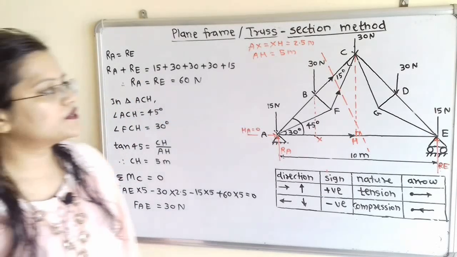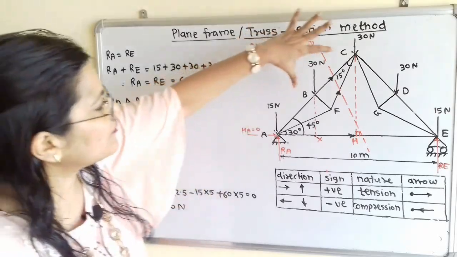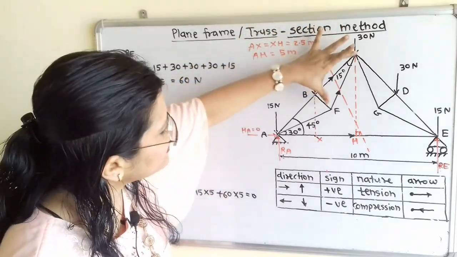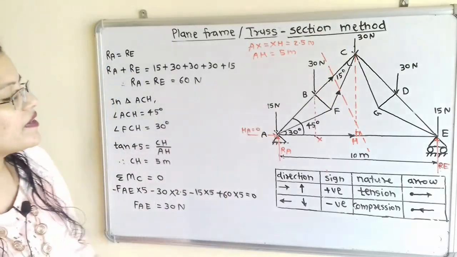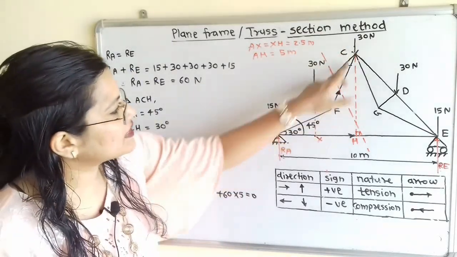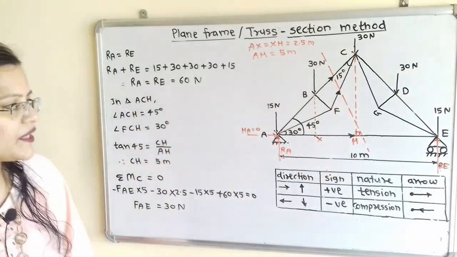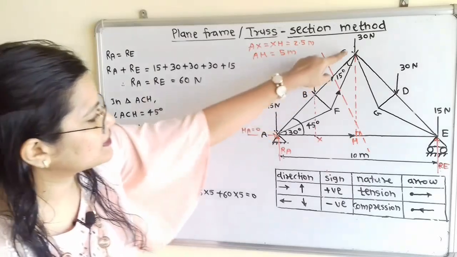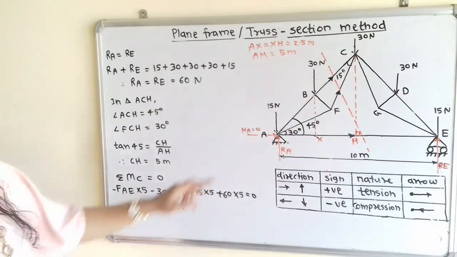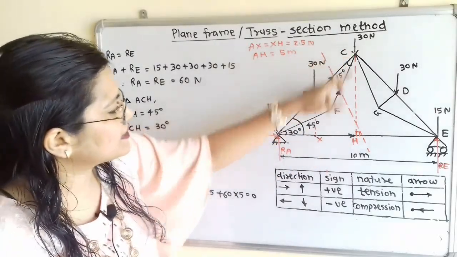So we will get this answer. Now we have to find out the forces in the members BC as well as CF. These two are the inclined members. So we will find out the angle of inclination with the vertical line. How to find it? If we observe triangle ACH, how do we find the angle ACH?